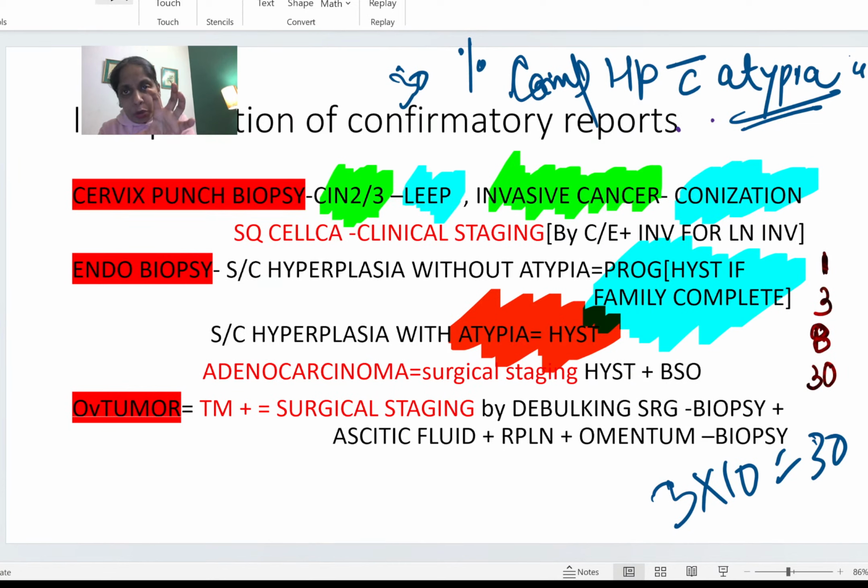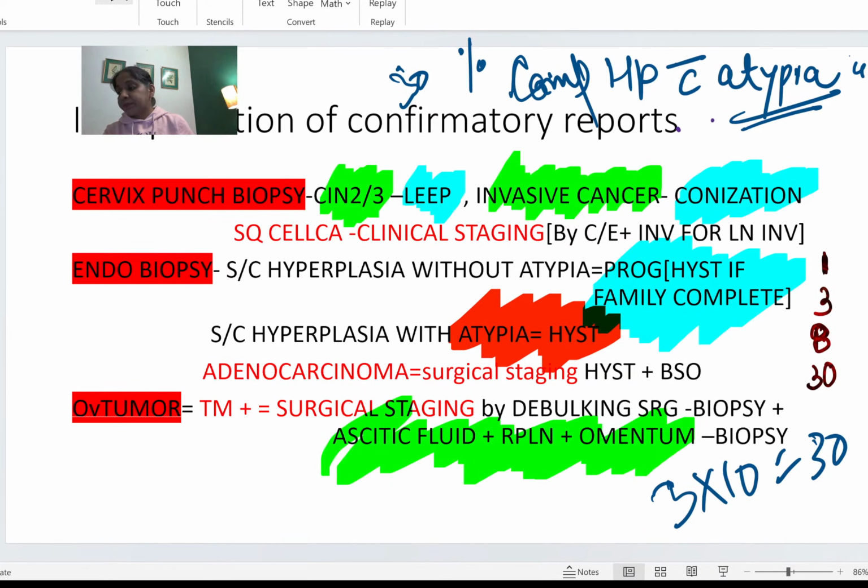In addition to that ovarian mass, you take 3 more biopsies: ascitic fluid, retroperitoneal lymph node biopsy, and omentum biopsy. You will take out the tumor, plus 3 more biopsies.